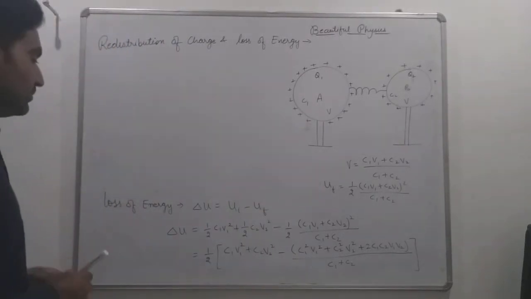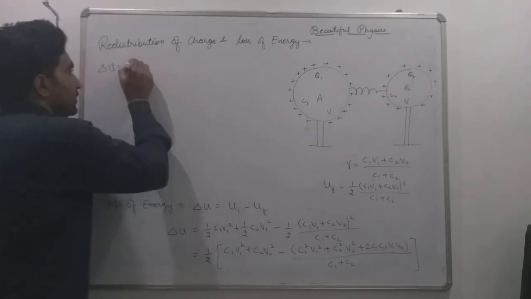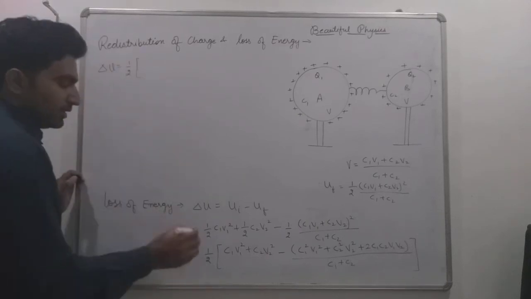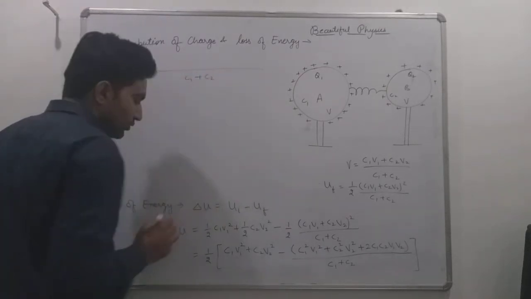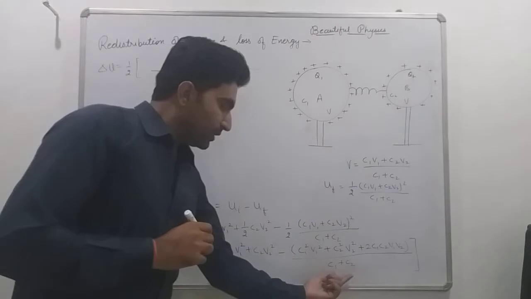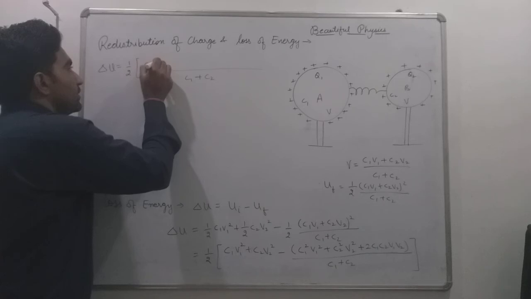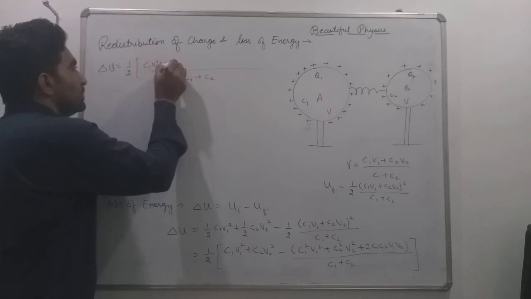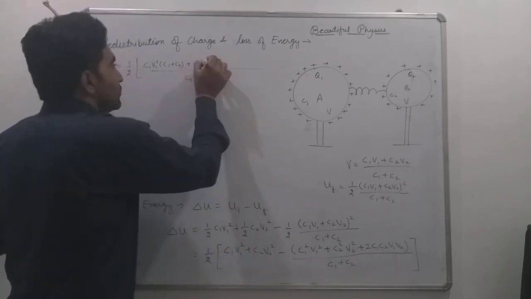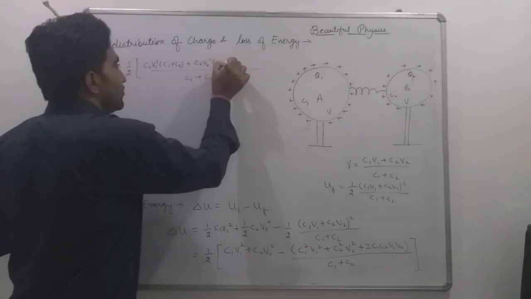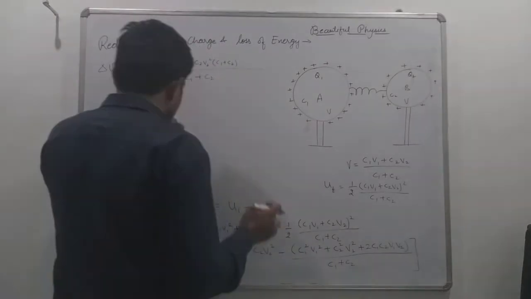If we take the LCM, then delta U will be equal to 1 by 2 common from each term, and the LCM will be C1 plus C2, which is multiplied by each term. Then we have C1 V1 square into C1 plus C2, plus C2 V2 square multiplied by C1 plus C2, and this negative sign goes inside.